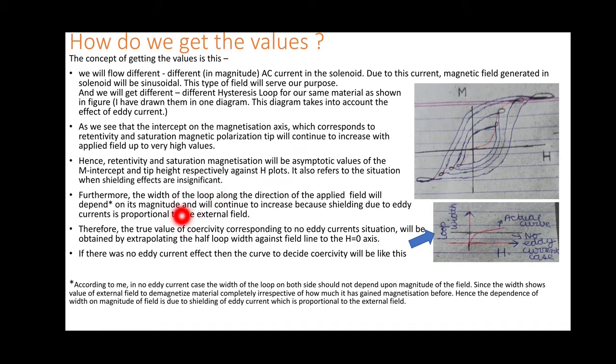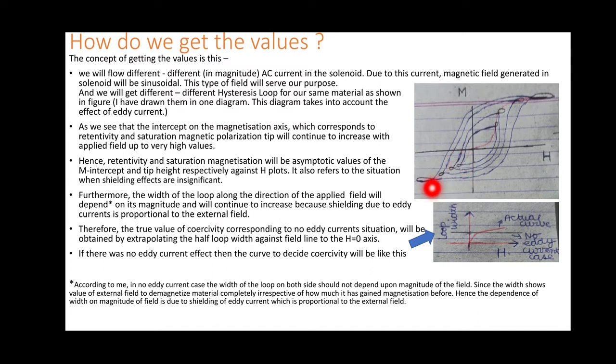Furthermore, the width of the loop along the direction of the applied field will depend on the magnitude of the field. As we see, the width increases because shielding due to the eddy current is proportional to the field. So this is the maximum width. This maximum width is obtained because of the eddy current.